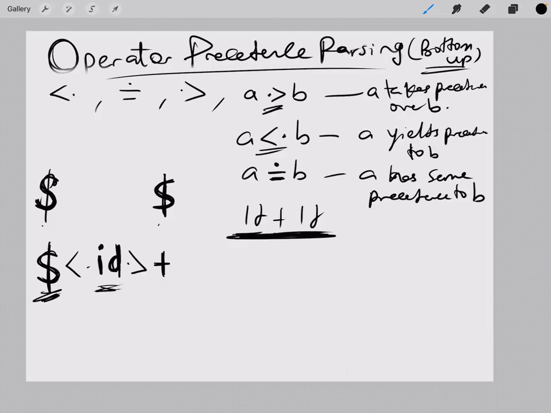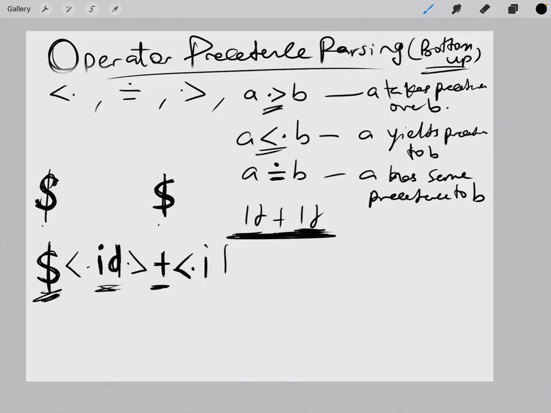So id is important. Id takes precedence over the plus, and it takes precedence over all the other operators: multiplication, division, and so on. So in that case, plus will also yield precedence to this other id, because id is more valuable than it.